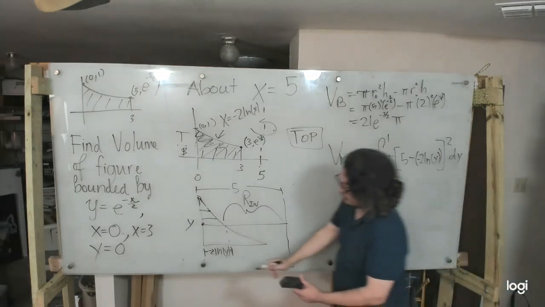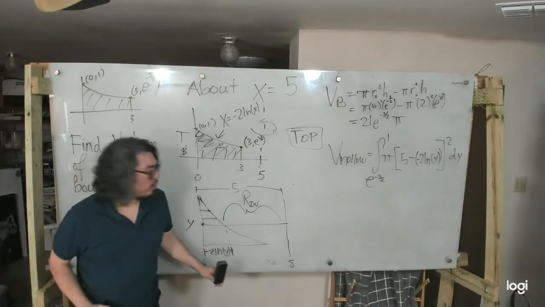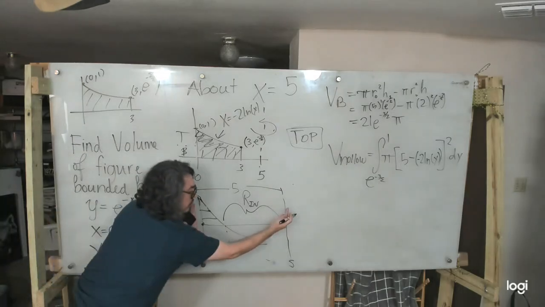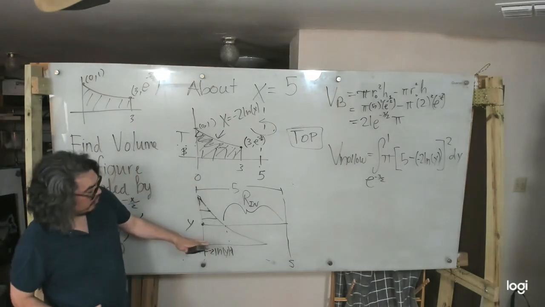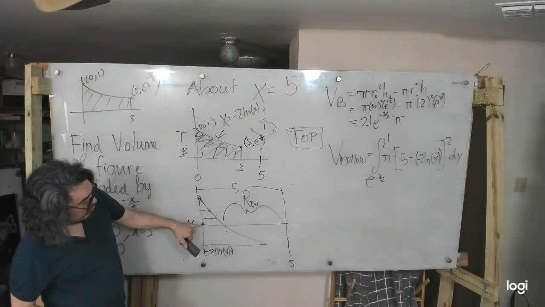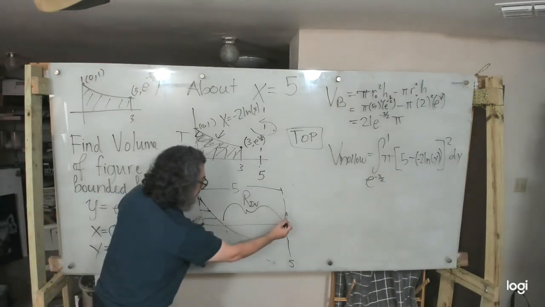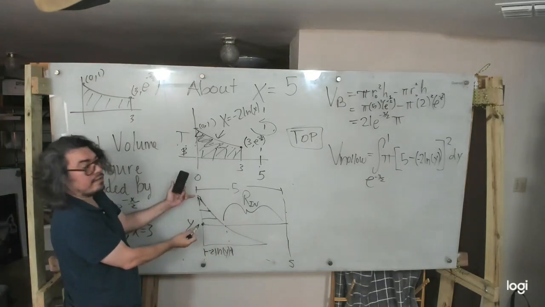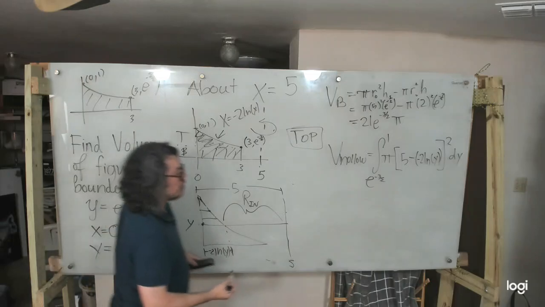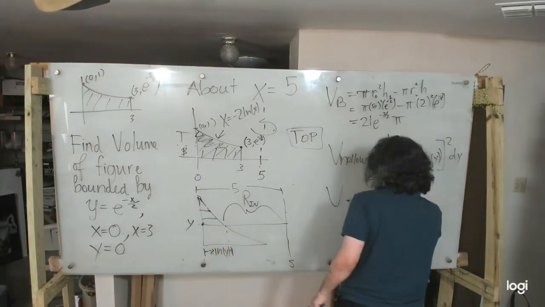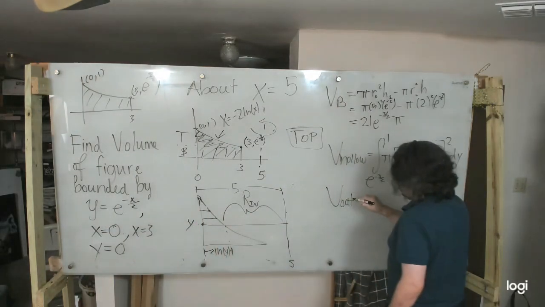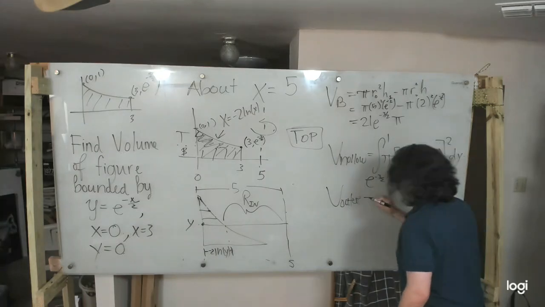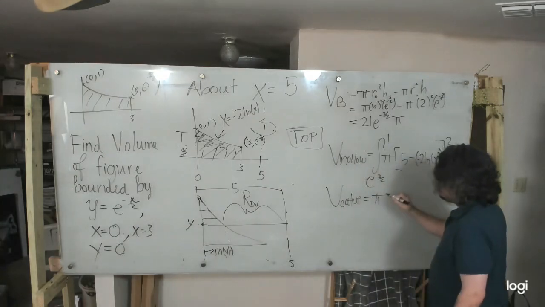And now notice, I haven't mentioned it yet, but I want you to realize the outer is a cylinder also. It's a cylinder with a radius of 5 and a height of 1 minus e to the negative 3 over 2. So the volume of the outer on the top part is going to be pi r squared h.